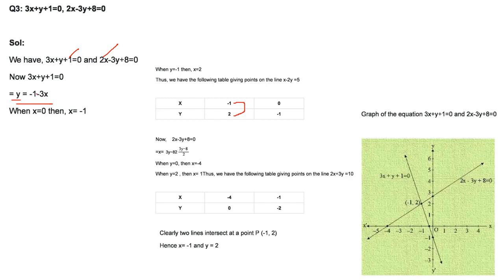This totally depends on you, right? Now here also, if you put x equal to 0, you get y equal to minus 1. Same for the second one, 2x minus 3y plus 8. So you can write x equal to 3y minus 8 by 2. Put x equal to minus 4, you get y equal to 0. Put x equal to minus 1, you get y equal to minus 2.